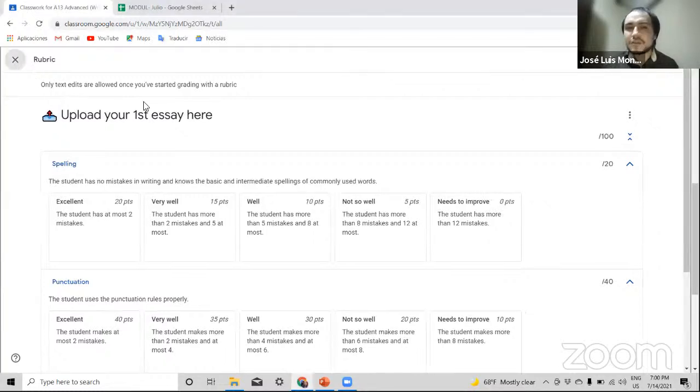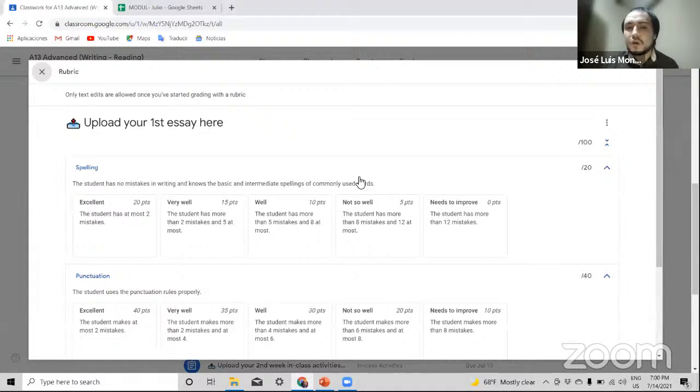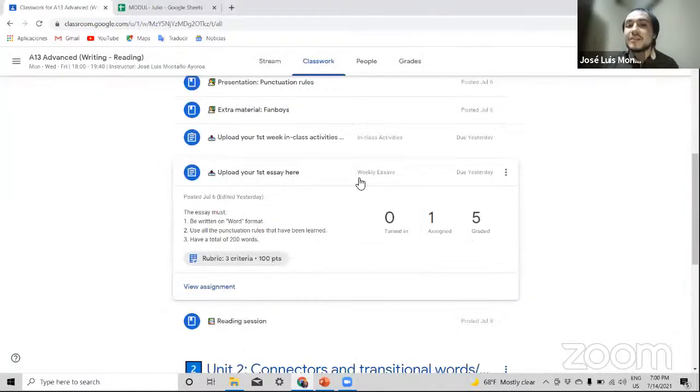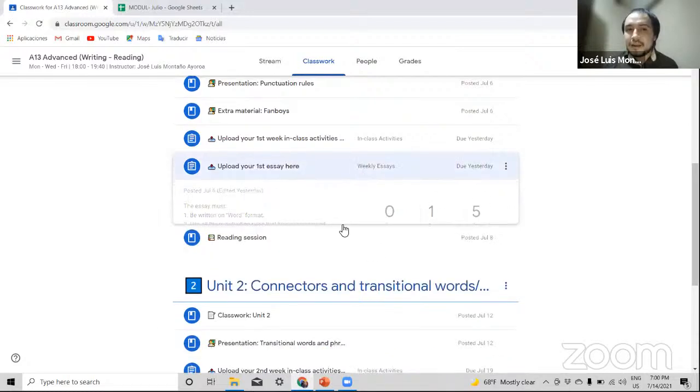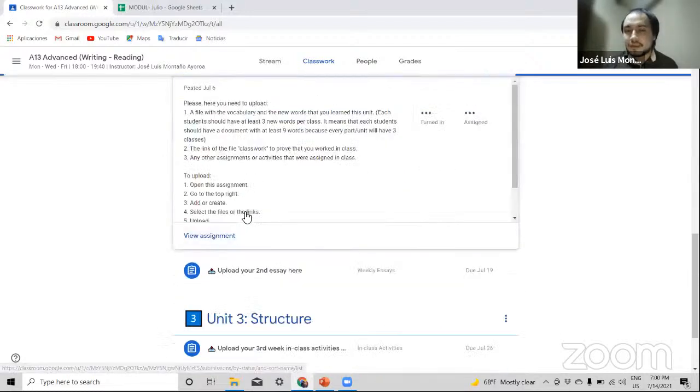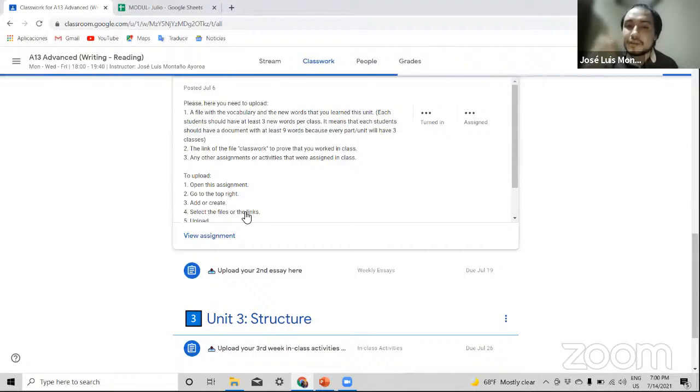Now I'm going to show you, and actually I'm going to repeat only the fact that the in-class activities ask exactly the same. You only need to upload the file with the 9 new words with the English definition, and you have to copy and paste the link.